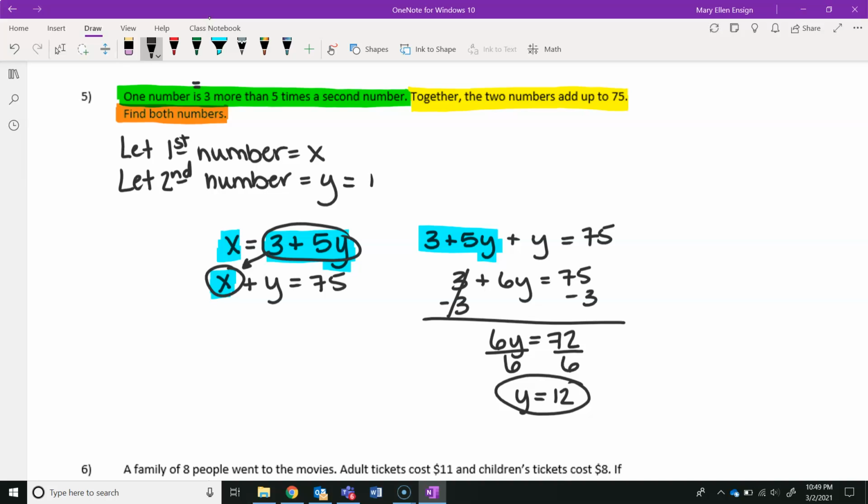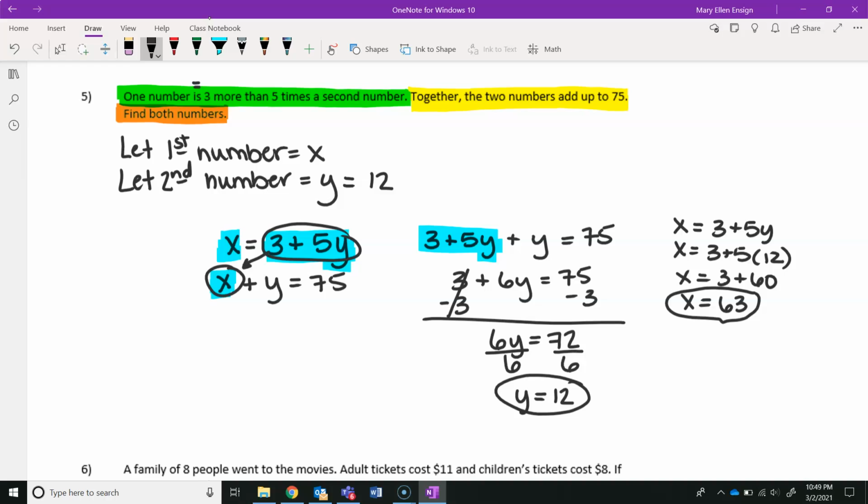Not quite, right? We need to find what x is. So I can find x by using either of those two equations. So I could say x equals 3 plus 5y, x equals 3 plus 5 times 12. So use order of operations. And x is going to be 63.